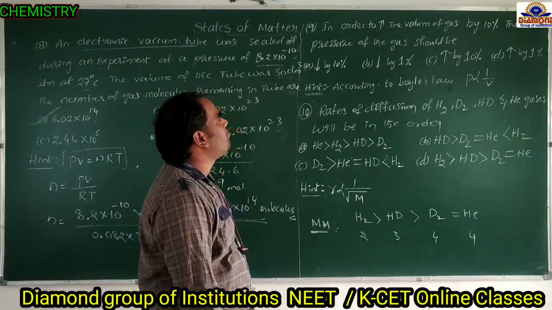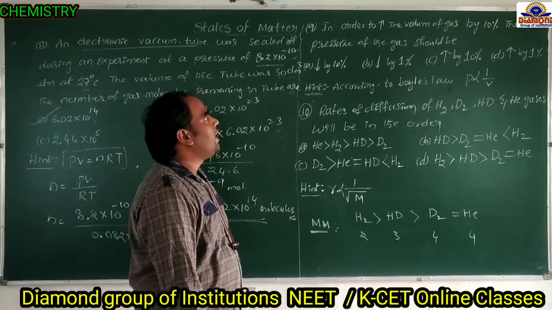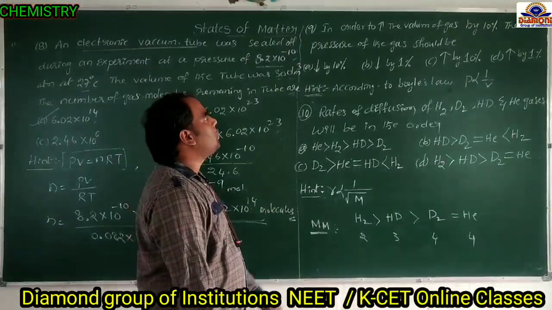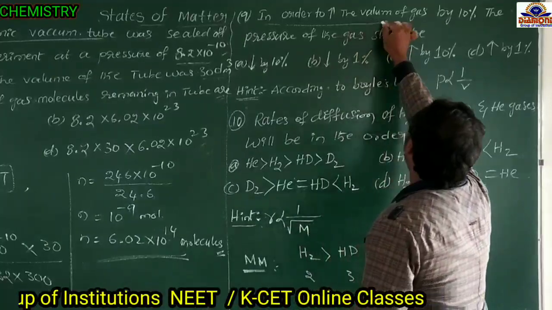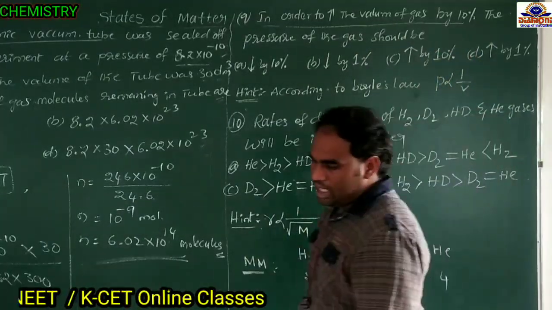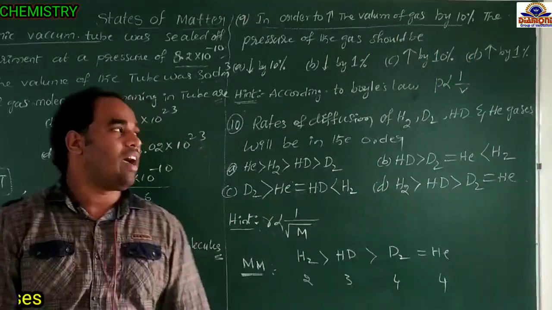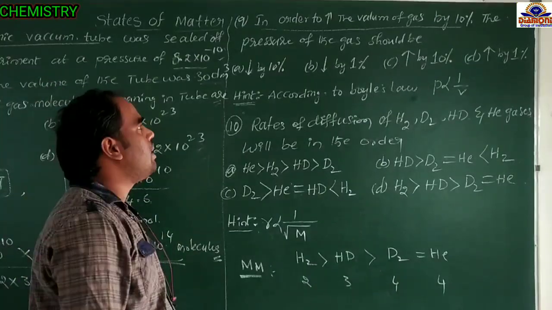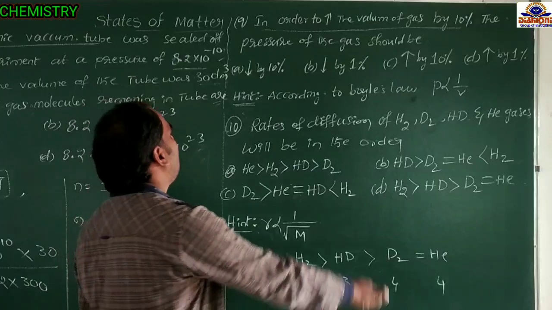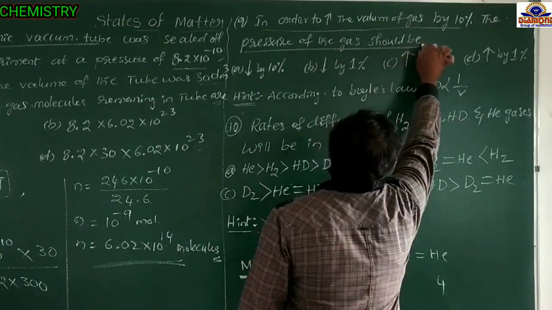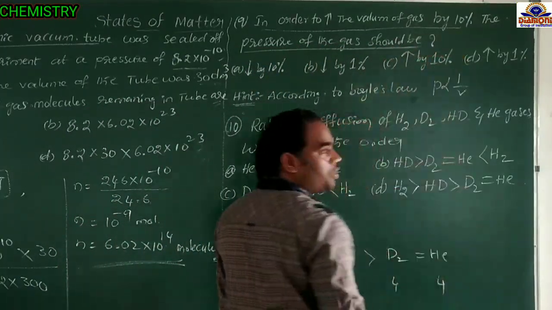Question number 9. In order to increase the volume of a gas by 10 percent, the pressure of the gas should be what? Pressure decreased by 10 percent, pressure decreased by 1 percent, pressure increased by 10 percent, or pressure increased by 1 percent. That is the question.